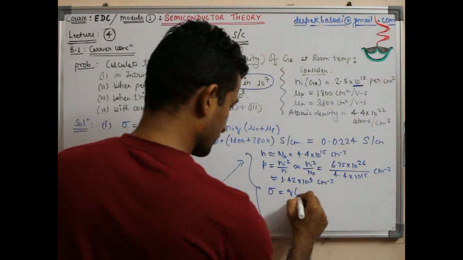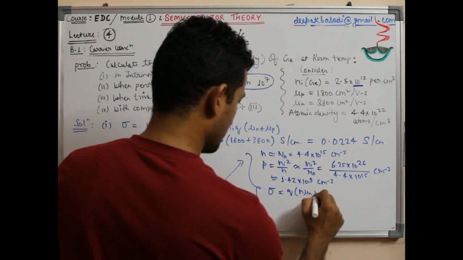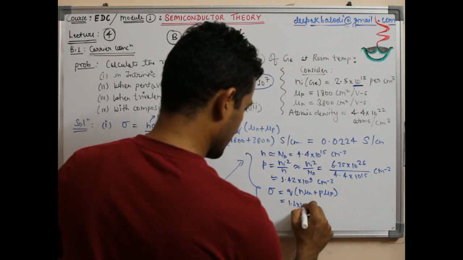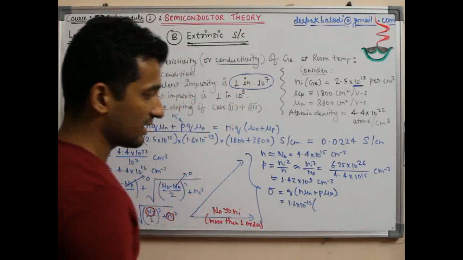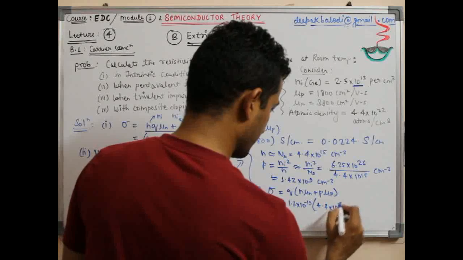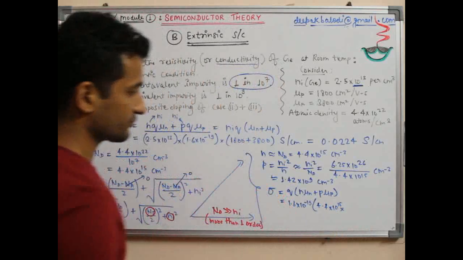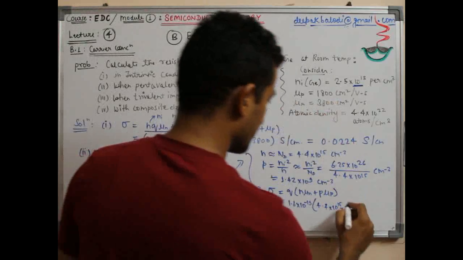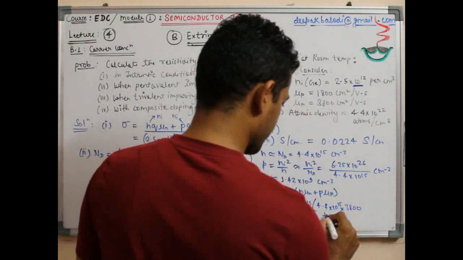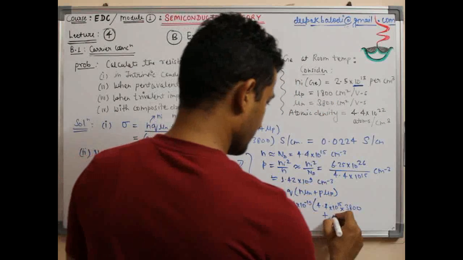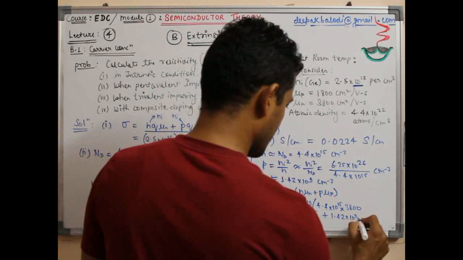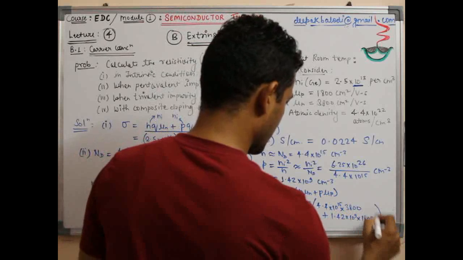So q will be taken as common, so this becomes N mu N plus P mu P. So if I write this, 1.6 into 10 to the power minus 19, N is 4.4 into 10 to the power 15 into mu N is 3800, plus P is 1.42 into 10 to the power 9 into 1800.